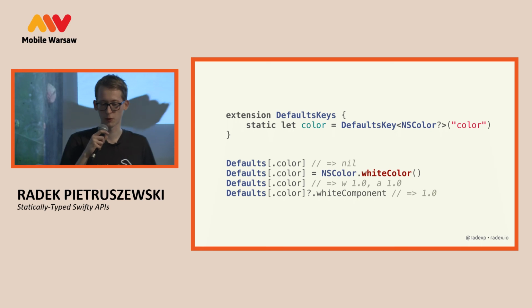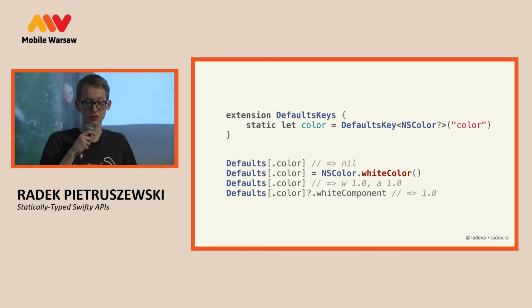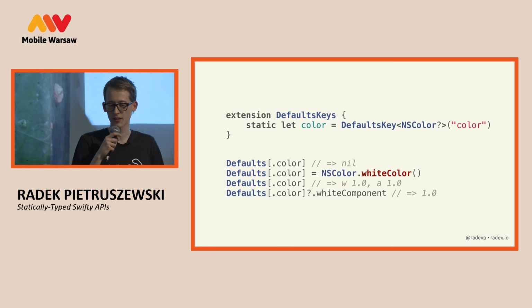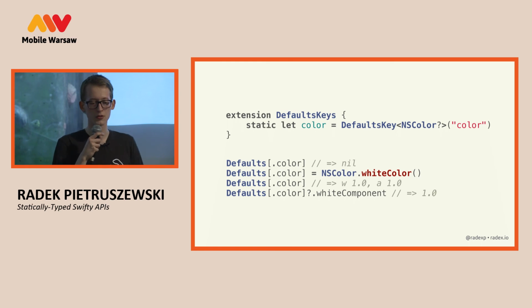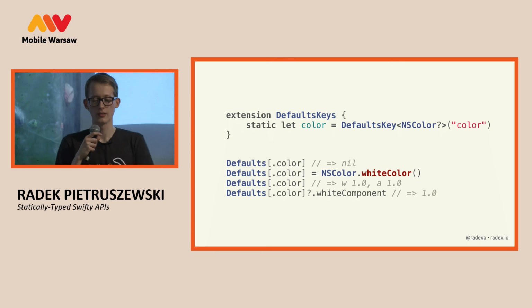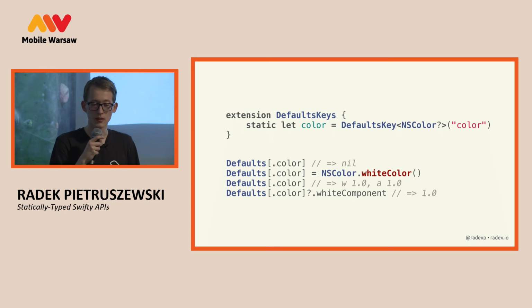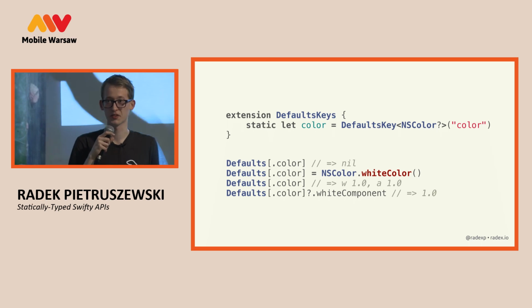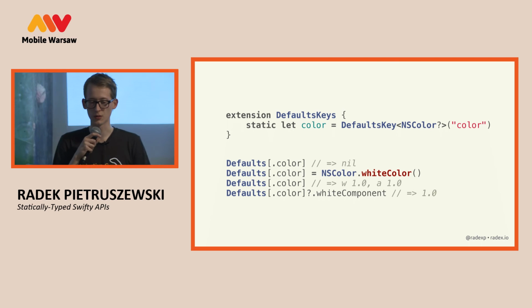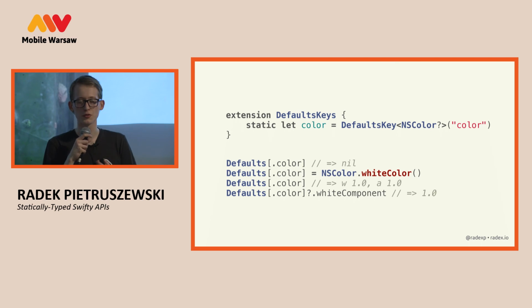So if I define a default key of NSColor, I can just use NSColor, right? I can check if it's nil, I can set new values, I can chain right into this NSColor's properties, and it all just works. Even though it's a persistent structure and has to be serialized, I don't have to see it as a user of this API.